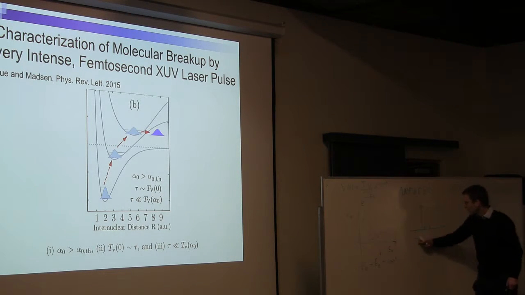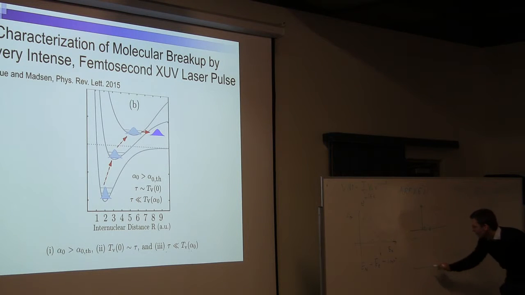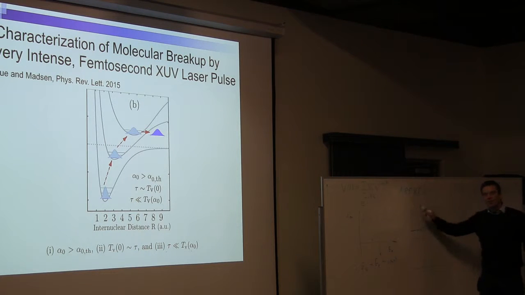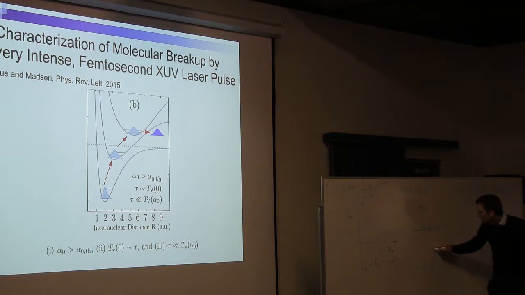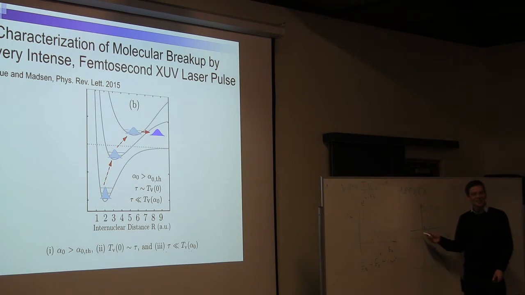Down here I have some other states, and the valence may be stabilized because the binding energy is less than the photon. But now you can see that maybe in this particular case, I could go to the continuum with a 3-photon process.